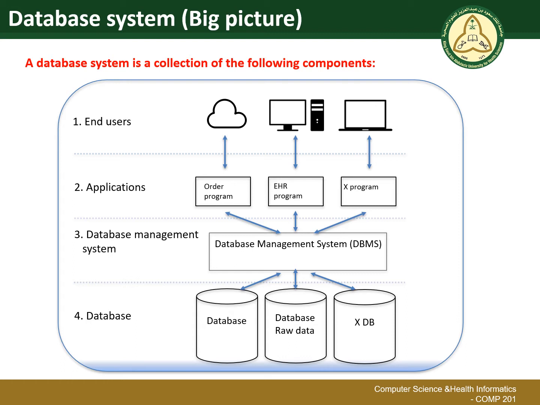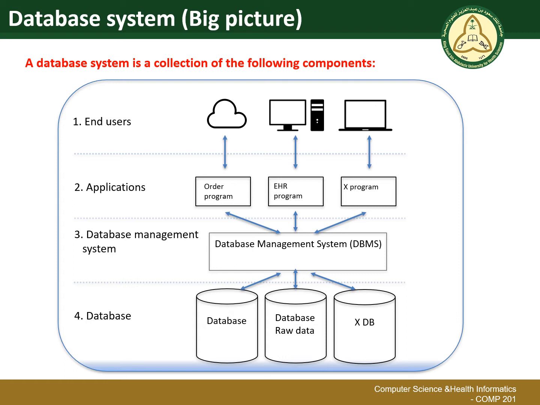Let us focus now on the broader picture of a database system, which includes these four components. So here we can see the relationships between the four components of a database system. On the top, we see users.